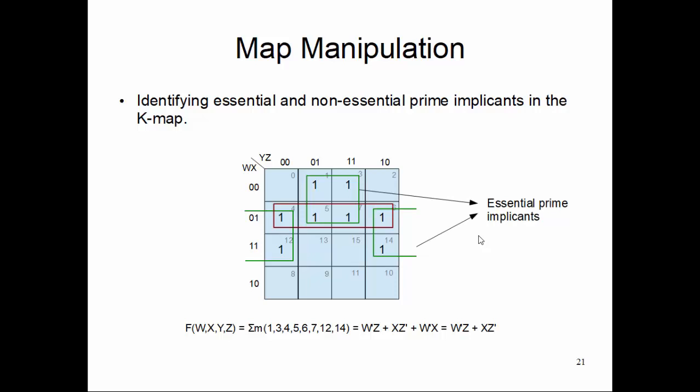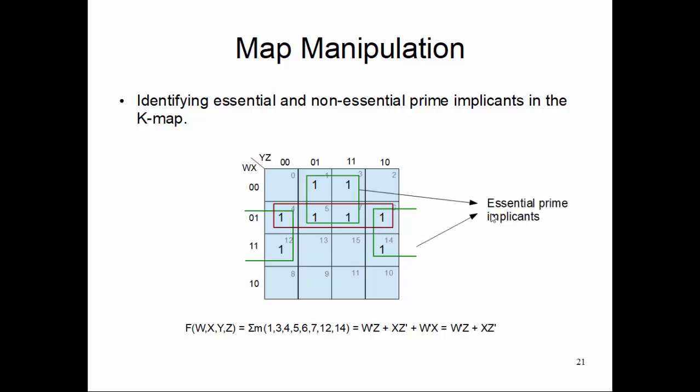One thing you need to know: both these green groups and red groups are all prime implicants, because by definition this is also a group which reduces a term to a point where it cannot be reduced further. So all these groups, 1, 3, 5, 7, 4, 5, 7, 6, and 4, 12, 6, 14 are all prime implicants.